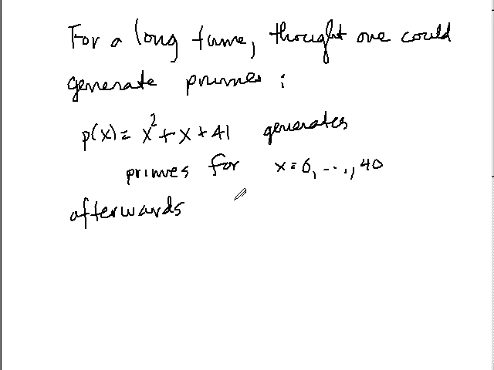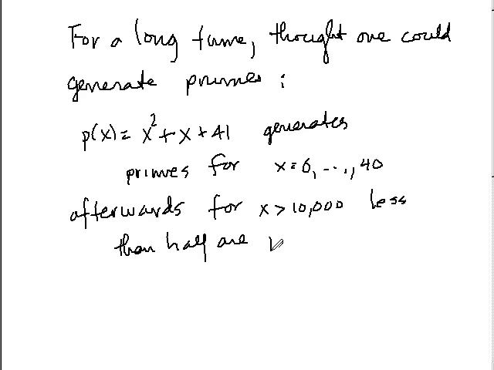Afterwards, it sort of produces primes half the time, and beyond 10,000, the number of primes decreases. So for x bigger than 10,000, less than half are primes.